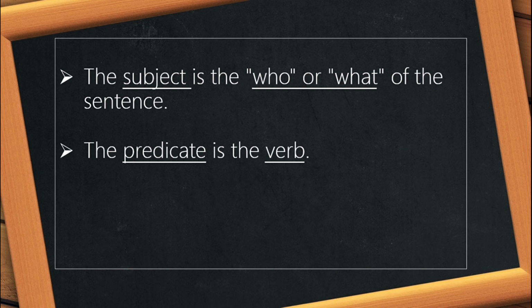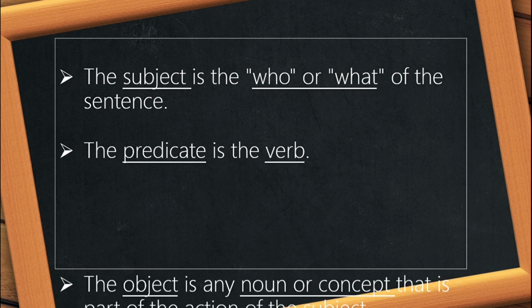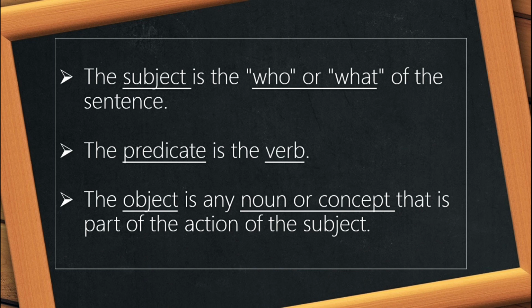The predicate is the verb, and the object is any noun or concept that is part of the action of the subject. So the object comes into the picture here. It is any noun or concept that is part of the action of the subject. But the predicate is the sum of verb, object and the remaining sentence.